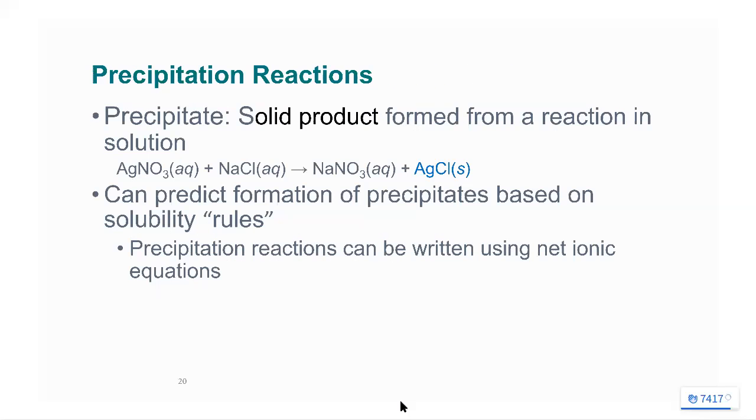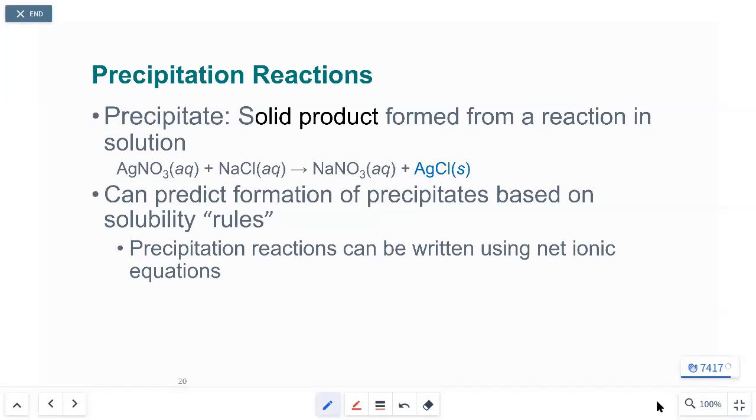So let's take a look at those precipitation reactions first. A precipitate, by definition, is a solid product that comes from the formation of a reaction in solution. I put solution 1 and solution 2 together, a solid falls out of that solution.